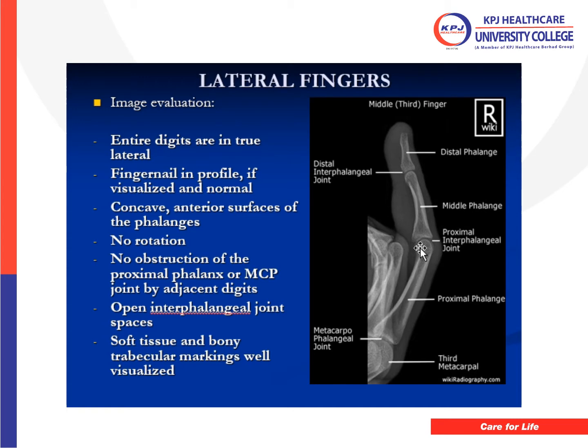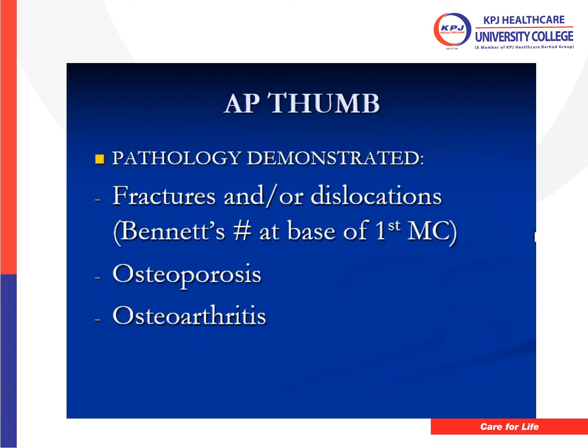It then goes straight to the epithumb. Pathology that can be seen includes fractures, Bennett's fracture at the base of the first metacarpal, osteoporosis, as well as osteoarthritis.